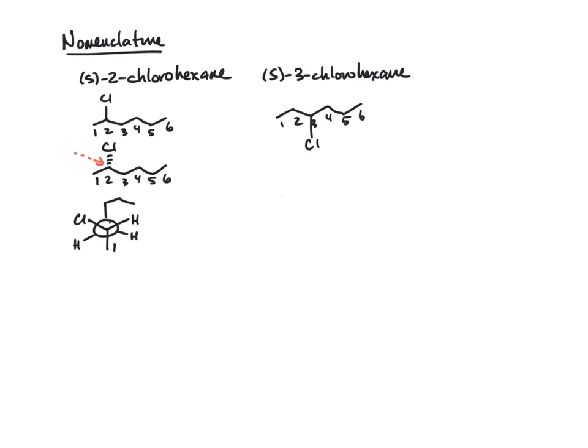So for this one, now the chlorine is on a carbon pointing down. Do we need that C-Cl bond to be, at this point, a wedge or a dash?